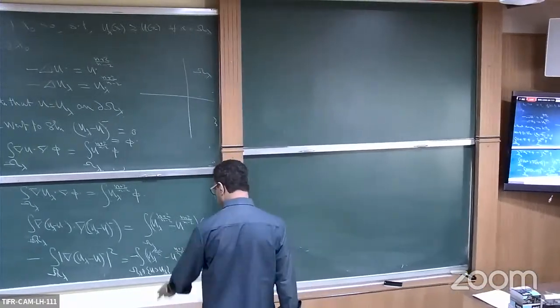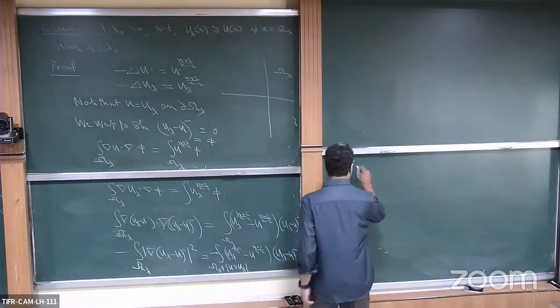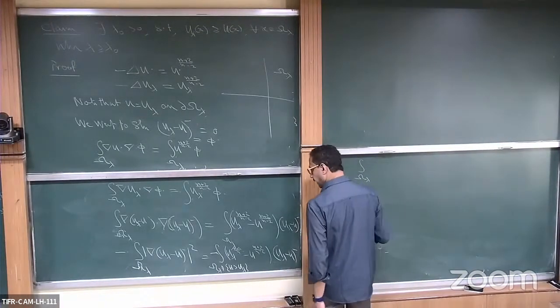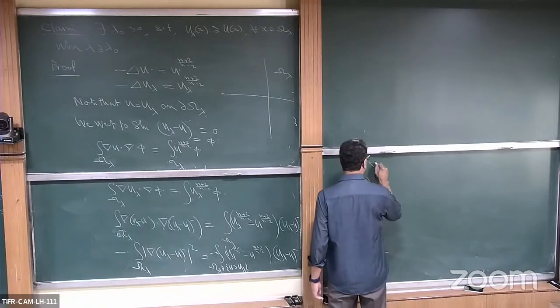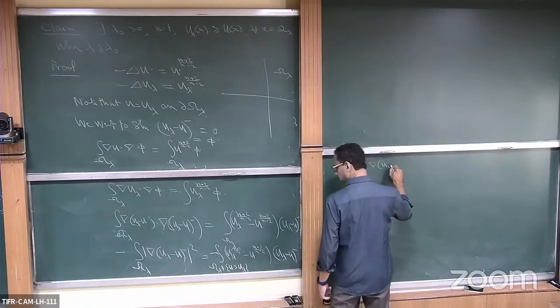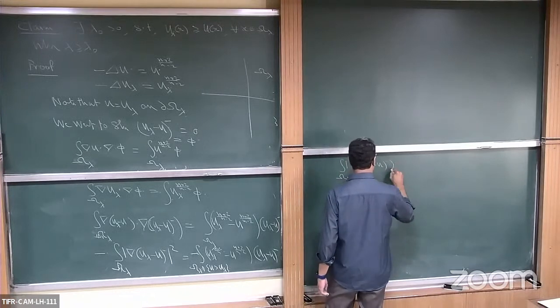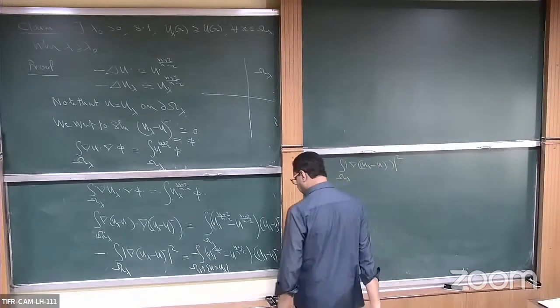So when you simplify this, you basically get the integral over omega lambda of the modulus of gradient of u lambda minus u, negative part, squared.